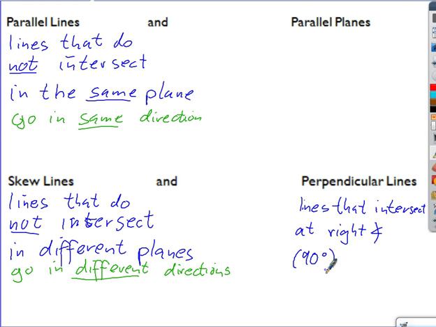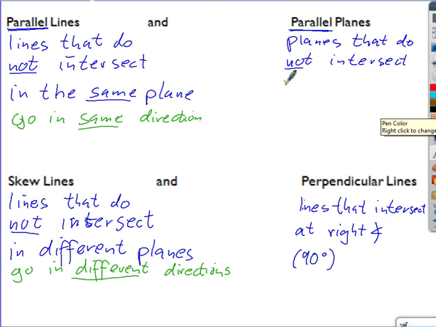Let's look at parallel planes. We talked about parallel lines. Parallel lines are lines that do not intersect. Parallel planes are planes that do not intersect. But they also go in the same direction.